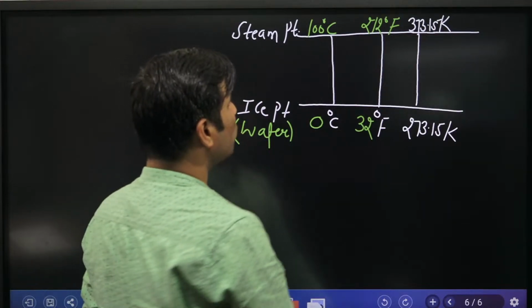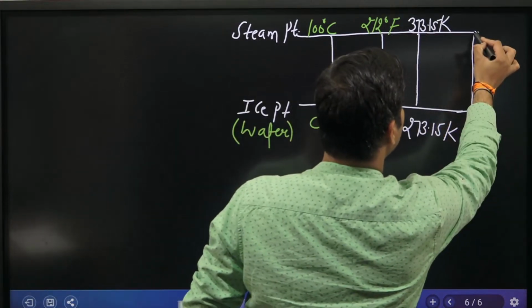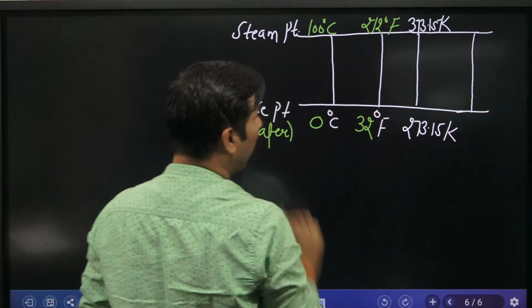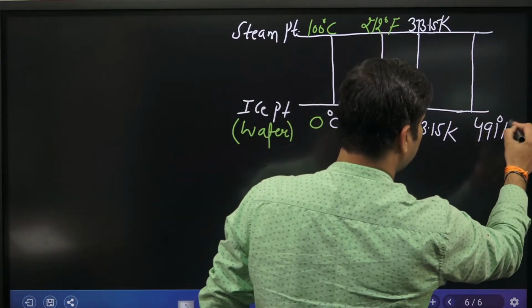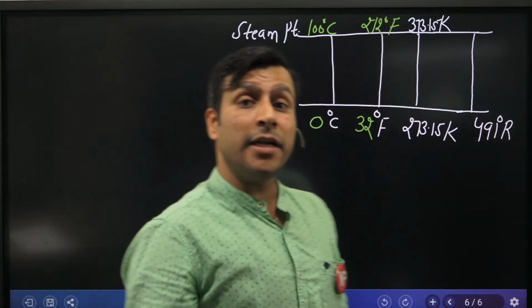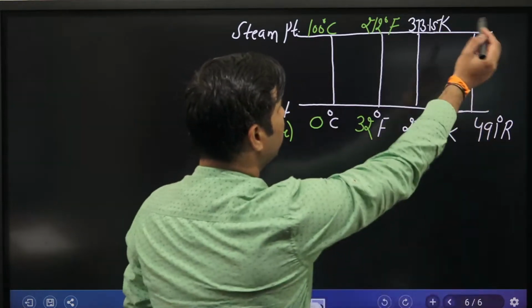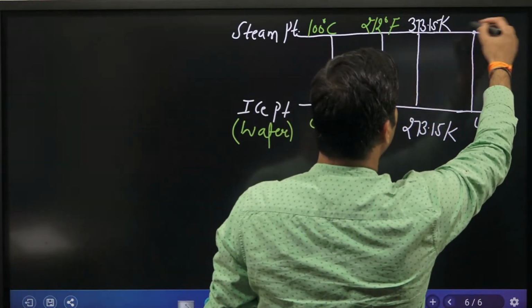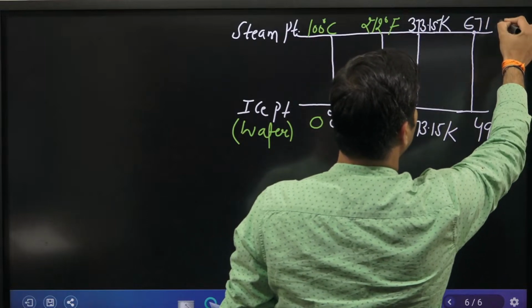Similarly, if you want to show the temperature in Rankine scale, in Rankine scale your ice point is close to 491 degree Rankine. And the steam point here is close to 671 degree Rankine.